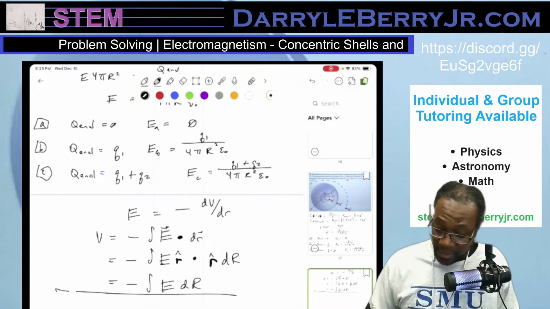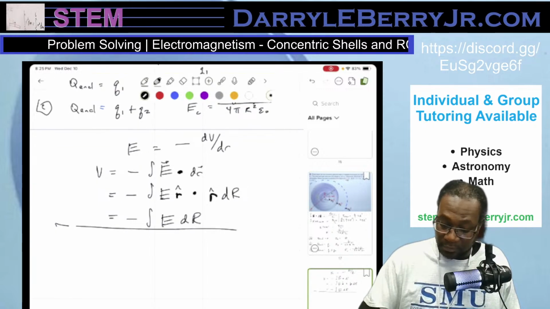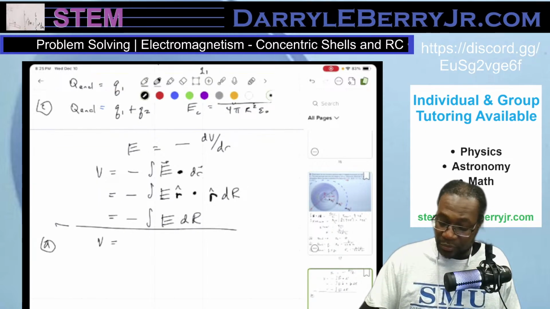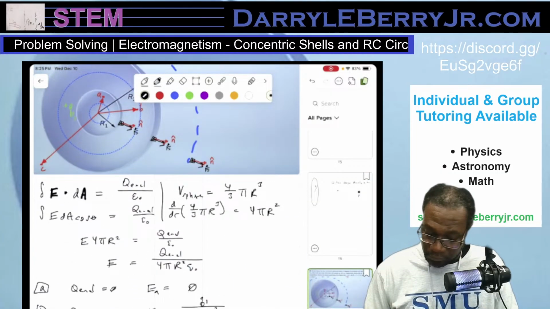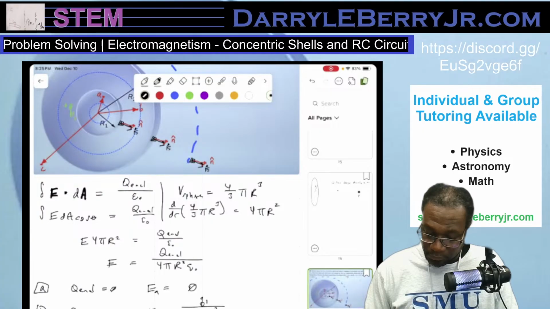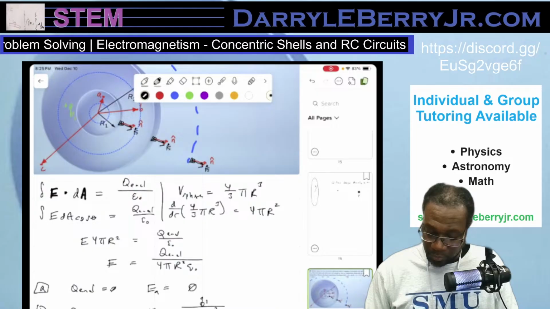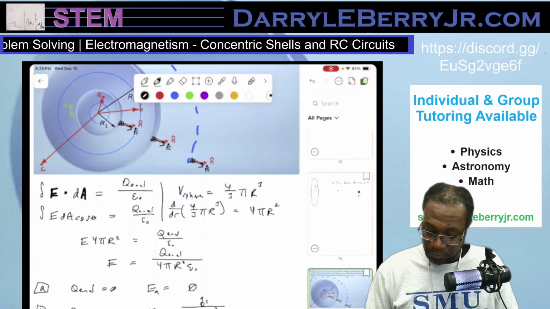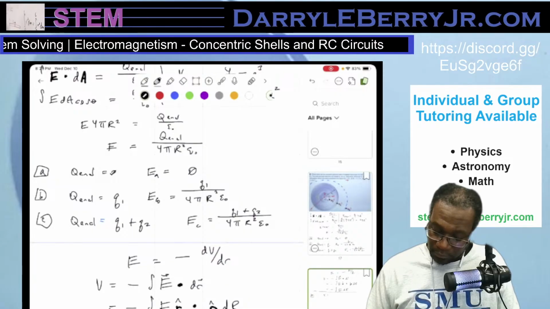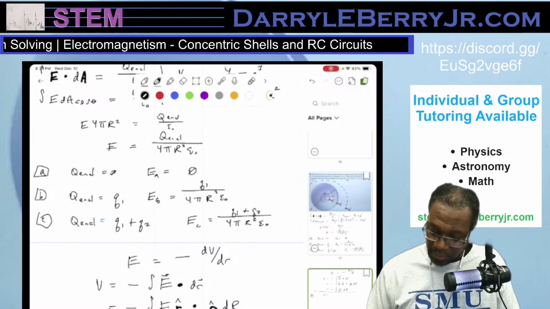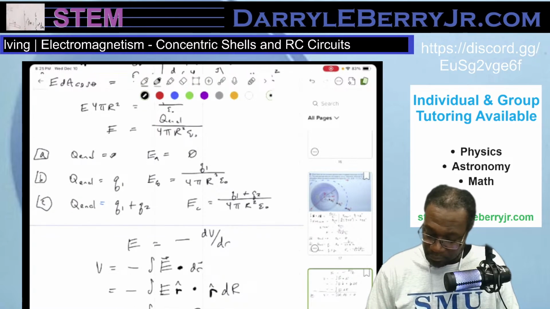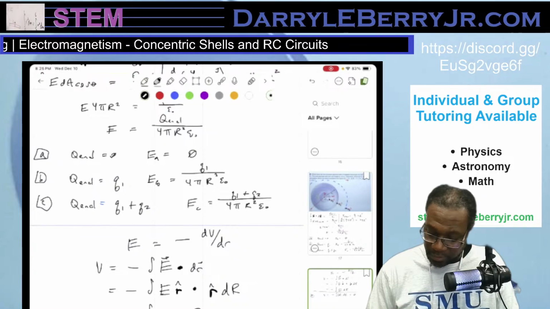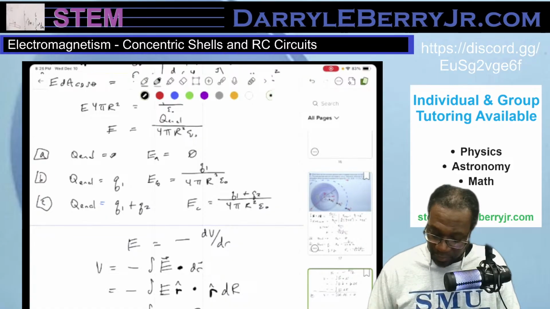So for A equals 0, potential equals negative integral 0 dr. What we can say then, we could just go back to our original equation.